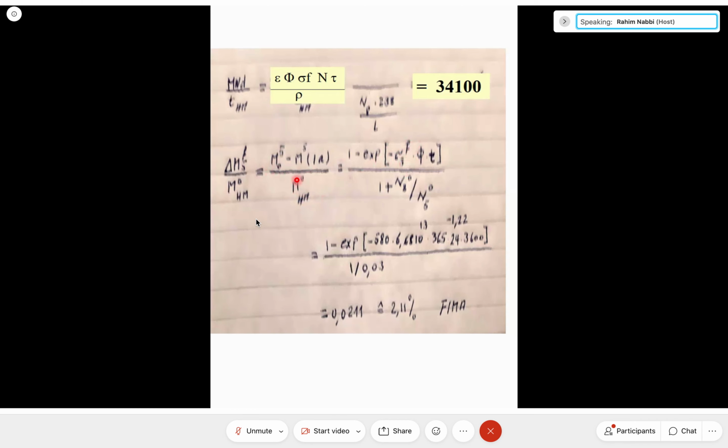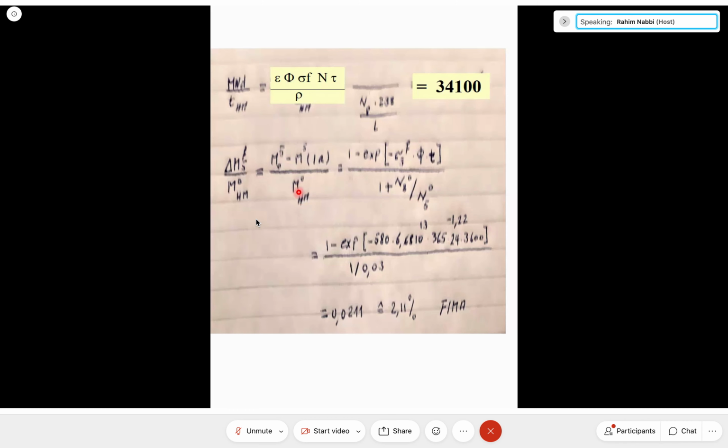If you divide numerator and denominator by initial mass, for example for 1 cubic centimeter, you would get here 1 plus number density uranium-238 initially divided by initial number density uranium-235.